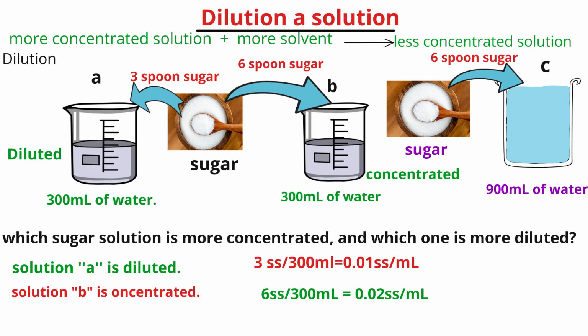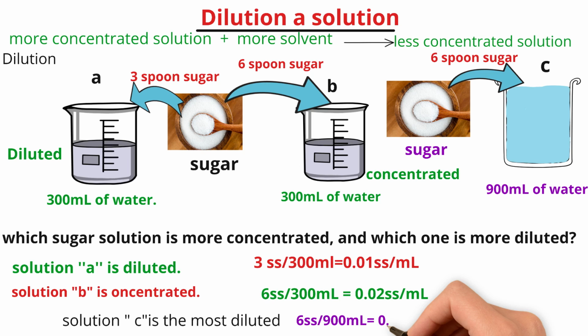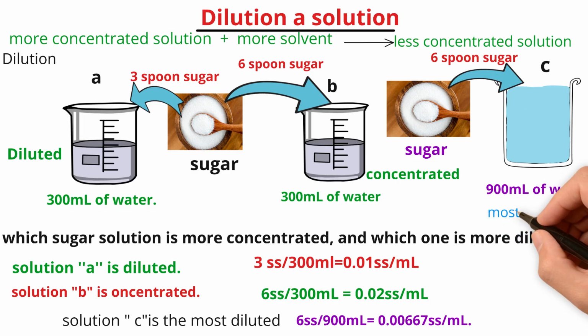Solution C is the most diluted solution because it contains 6 spoons of sugar in 900 ml of water, which is equal to 0.00667 spoon sugar per ml, which is much less than 0.02 and 0.01. That's why solution C is the most diluted solution, because it contains 0.00667 spoon sugar per ml.